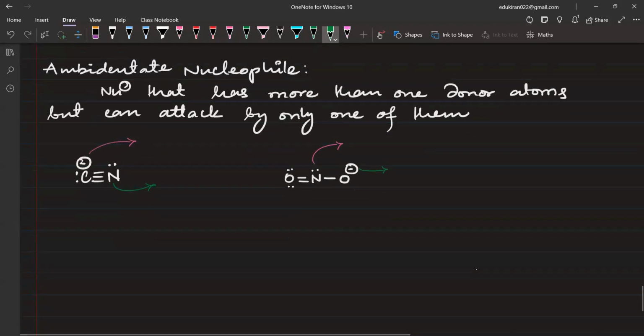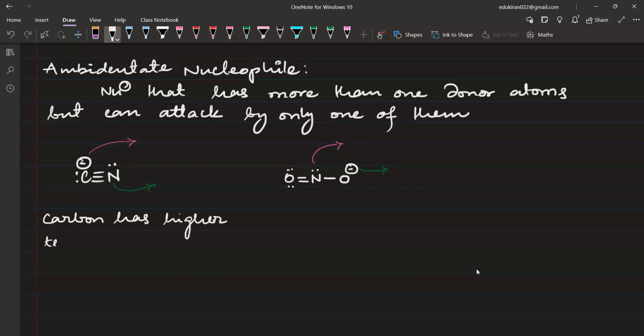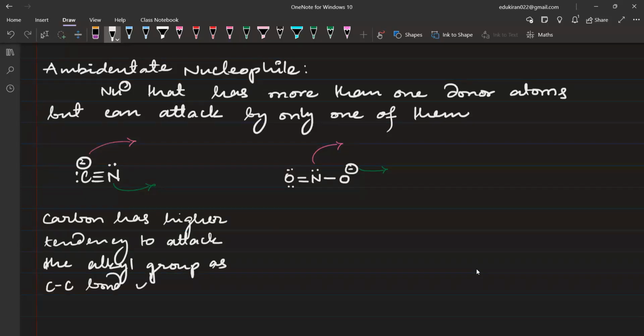Now, here only, you will see that in CN negative, carbon has higher tendency to attack the alkyl group, as carbon-carbon bond is stronger than carbon-nitrogen bond. ठीक है?